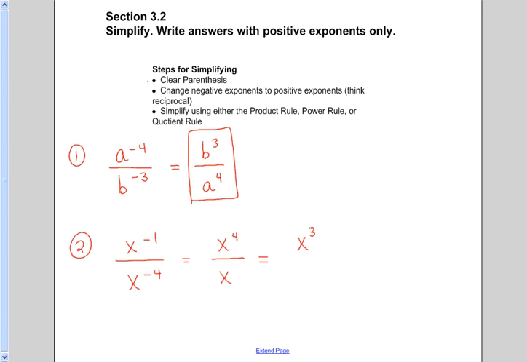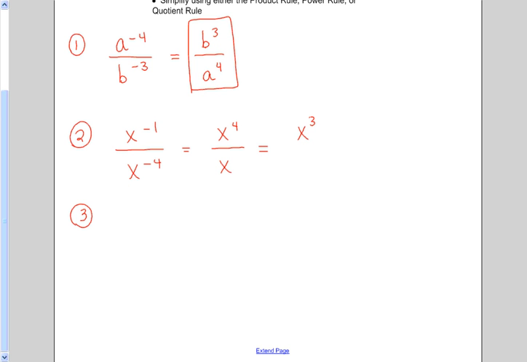Okay, if I look at number 3, I have y to the negative 4 over y to the 6th. I only want to change or move those terms that have negative exponents.